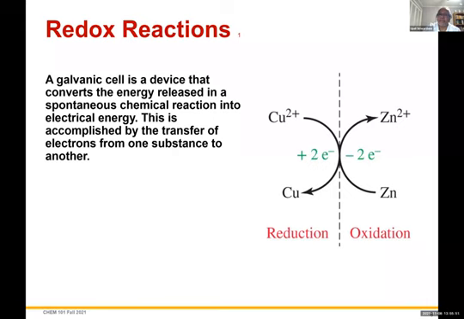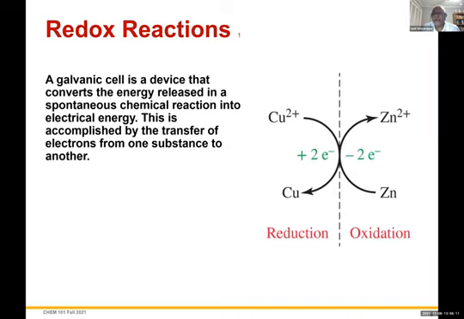This takes place spontaneously. That's the way it is. While this redox reaction is taking place, the transfer of electrons from one substance to another takes place.